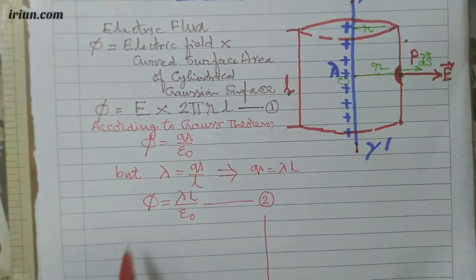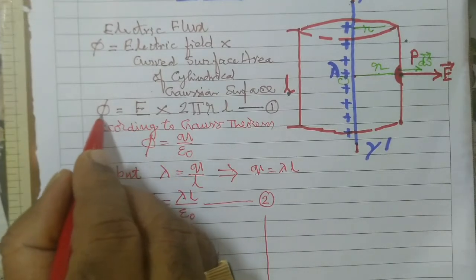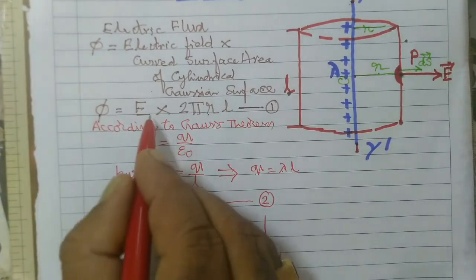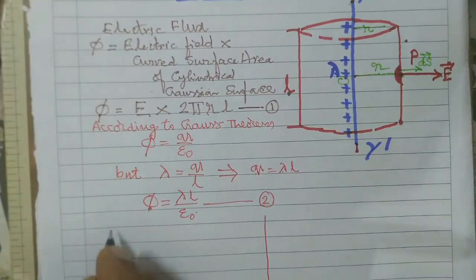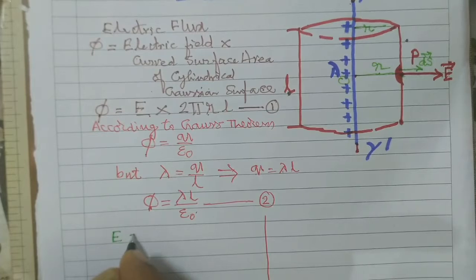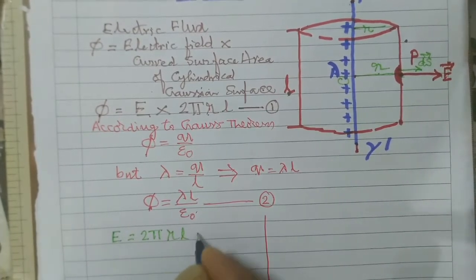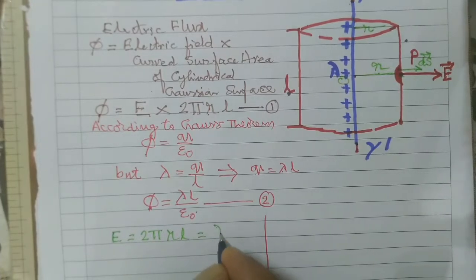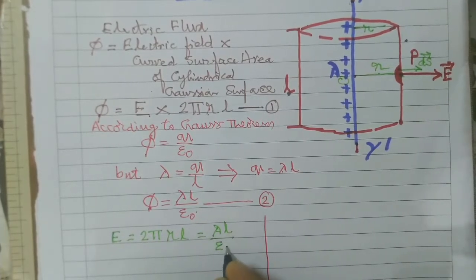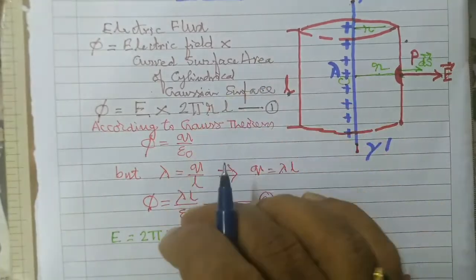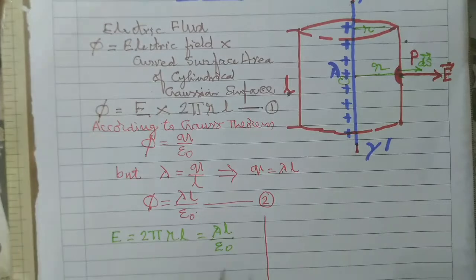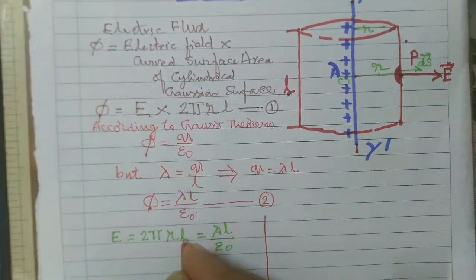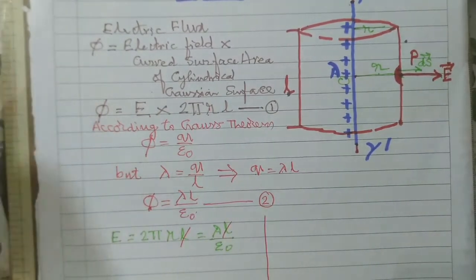Now, the left hand side, flux, is the same, so the right hand sides will be equal. Then if you take it up, you will find that E into 2 pi r L is equal to lambda L by epsilon 0. See, I am comparing the first equation and second equation. Phi LHS are equal, RHS will be equal, that you know very well. Now if you observe carefully, you will find that L gets cancelled.